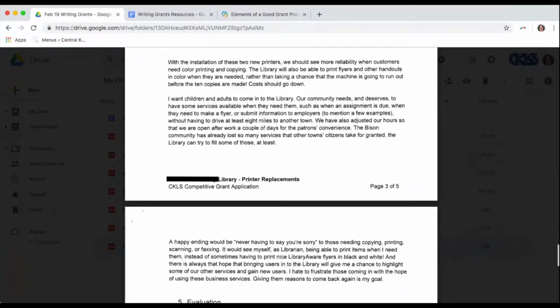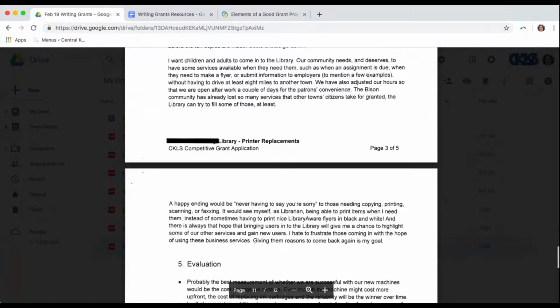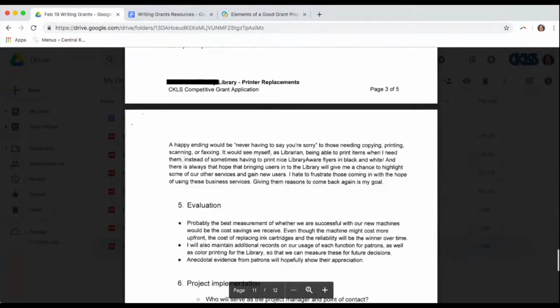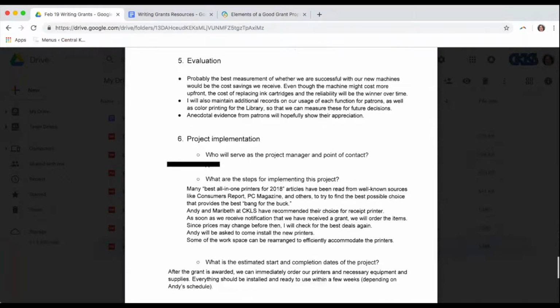How the installation of these two printers is going to help their library, how it's going to keep costs down, how it's going to help the needs in the community, as this is the only place to print from, and the evaluation. Some people, when they do this part of the grant, kind of fudge it a little and just say, well, we'll know it's a success because people are happy.